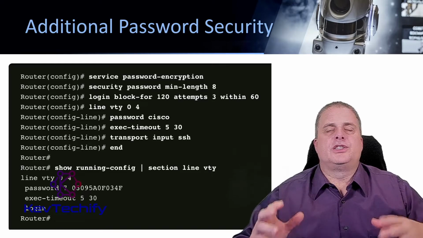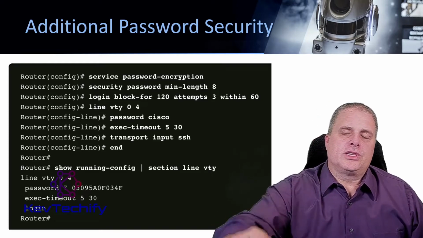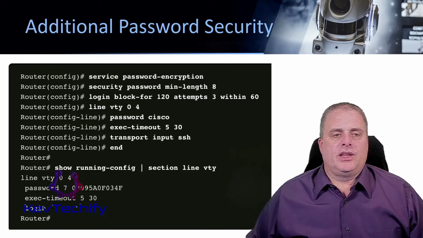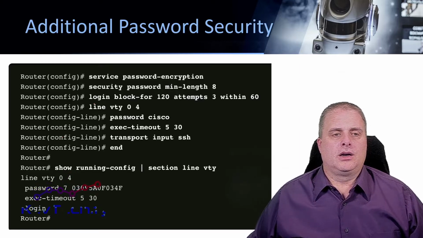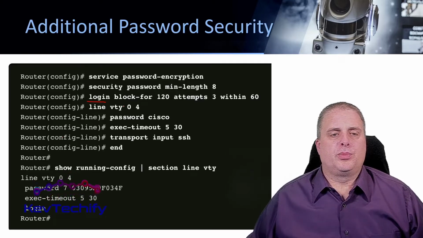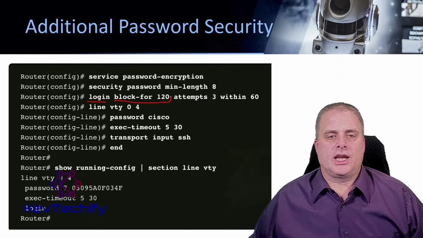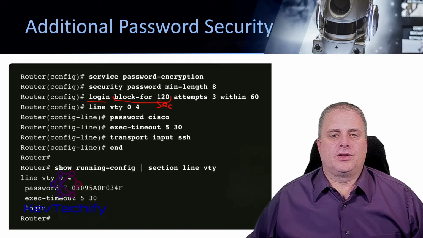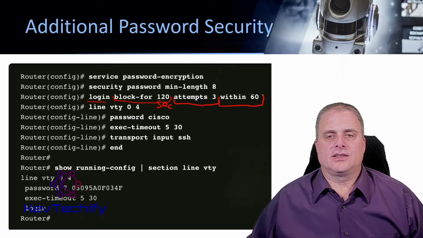Another one is to block attempts. What this is here is we have the login block-for command here, and we're going to block for 120 seconds. So this is 120 seconds after 3 attempts within 60 seconds. So in 60 seconds, if I have 3 failed attempts, we're going to block it for 120 seconds.